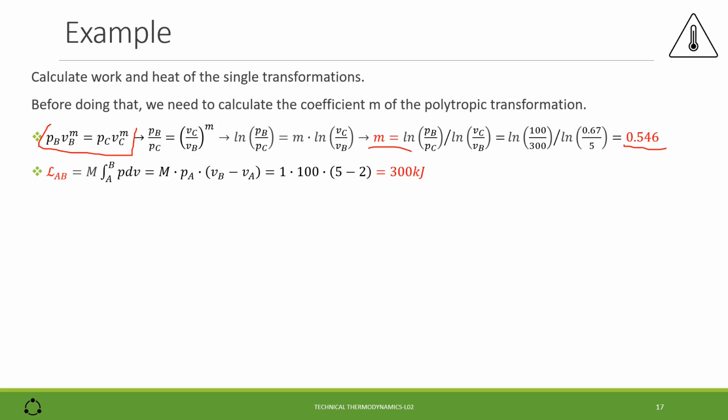We can now calculate the thermodynamic work of the transformation AB, and we remember that this transformation is isobaric. The pressure can be taken outside of the integral sign, and we find this simple expression. The result is 300 kJ. The technical work among the same states is 0 because there is no delta pressure.